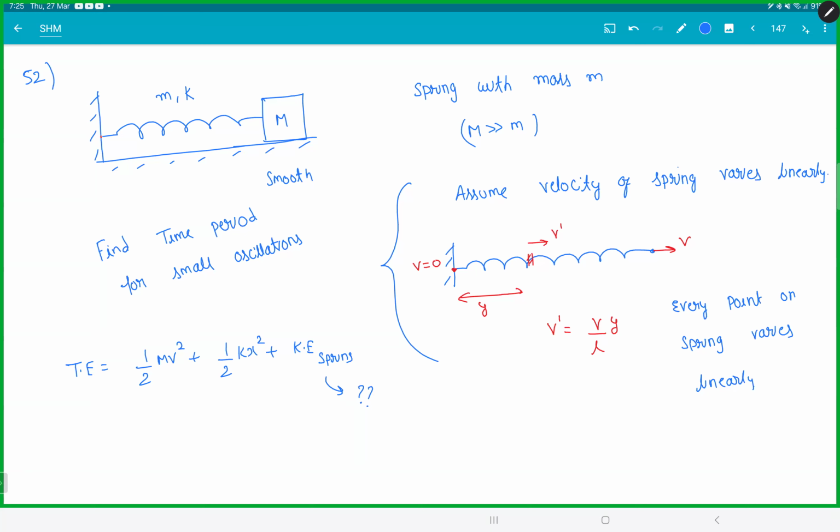I gave you the velocity for each point on the spring. So every point will have a different kinetic energy. You have to integrate.